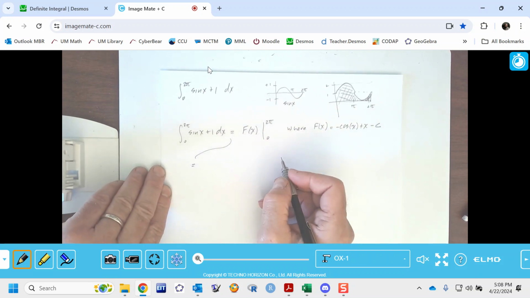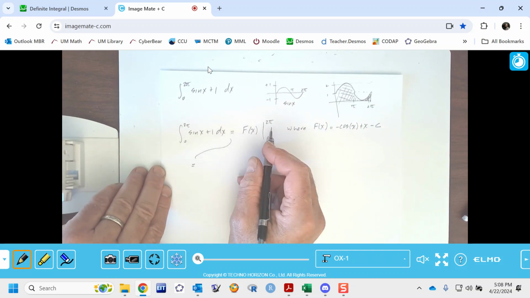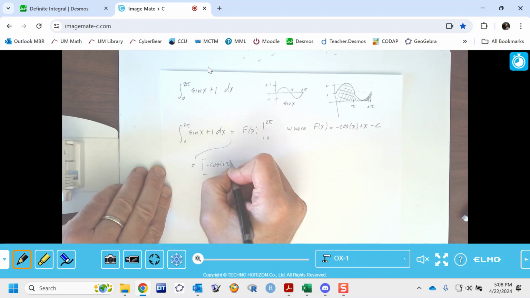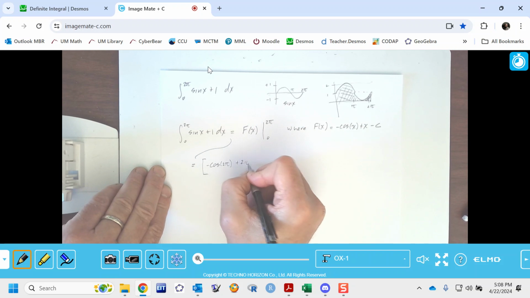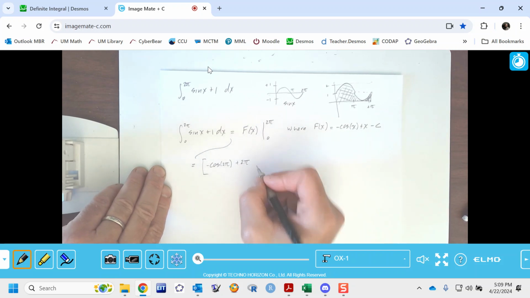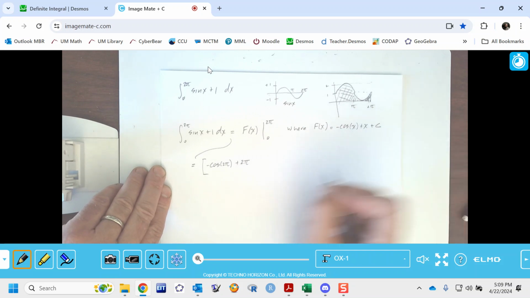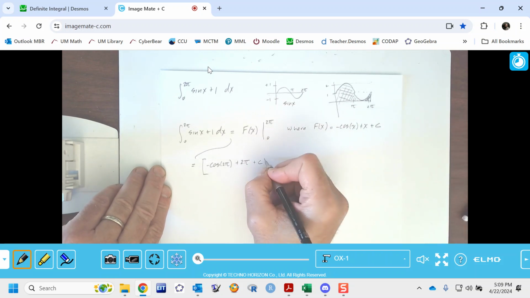So let's go ahead and do this. I'll evaluate it at 2 pi first. So it'll be negative the cosine of 2 pi plus 2 pi, and I guess this was a plus c, wasn't it? Yeah, I don't know why I put in minus.